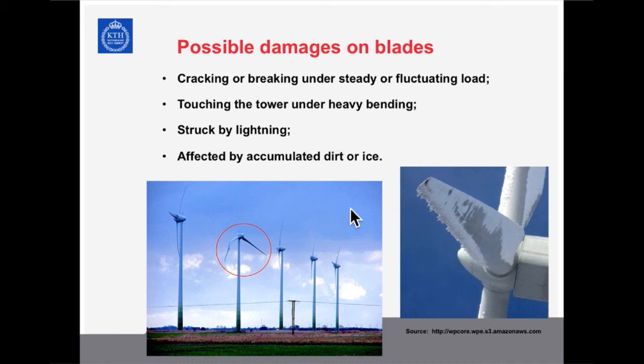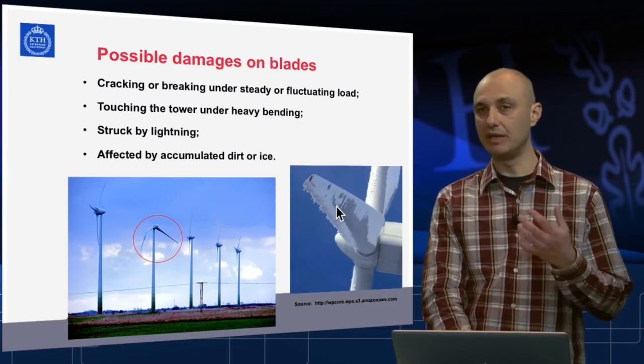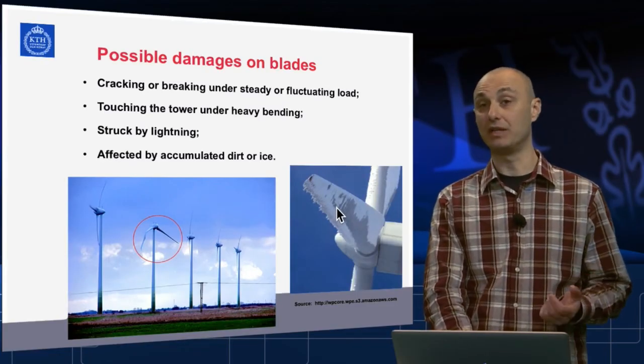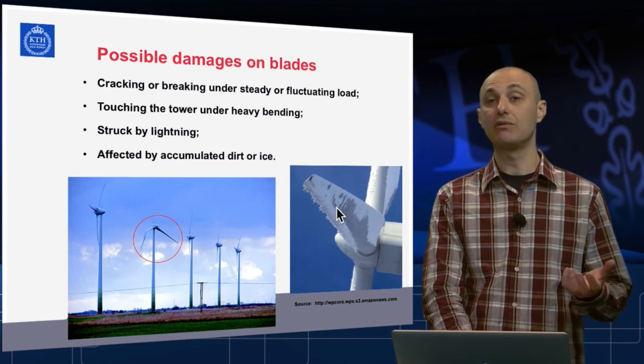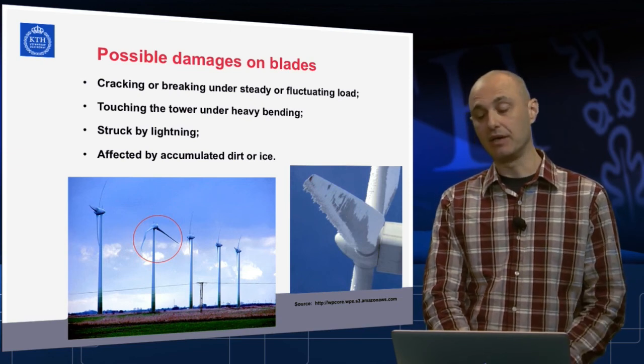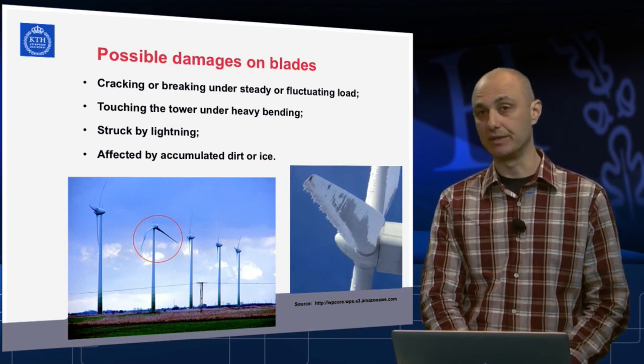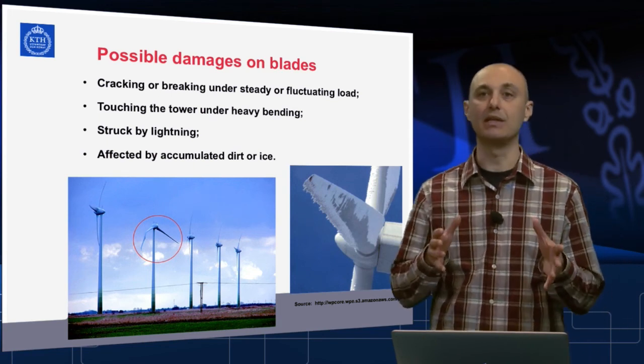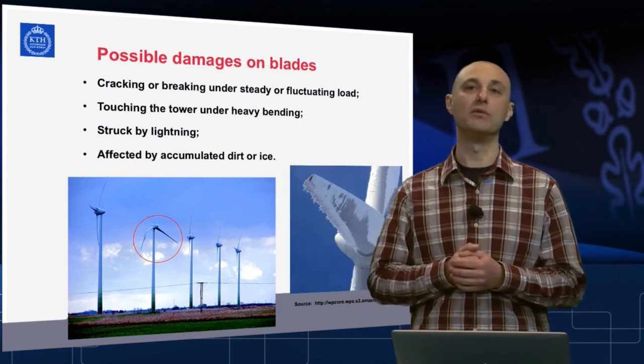Sometimes dirt and ice can accumulate on the blade. It's easy to imagine what happens with ice. On the leading edge, you start building up a whole range of ice particles which totally alter the aerodynamic profile of the blade. Consequently, the forces on the blade are also altered, and the vibrations suddenly may become totally different in mode.